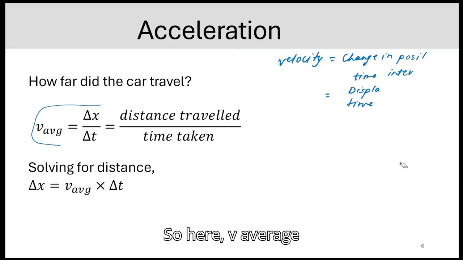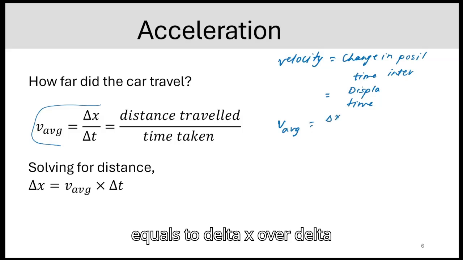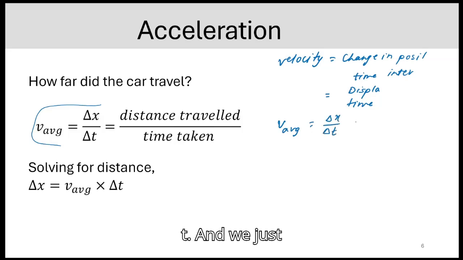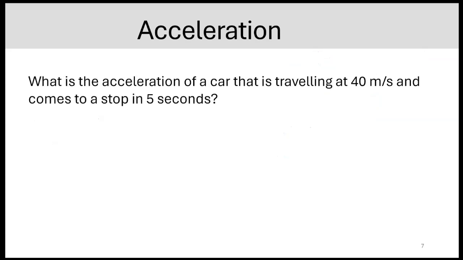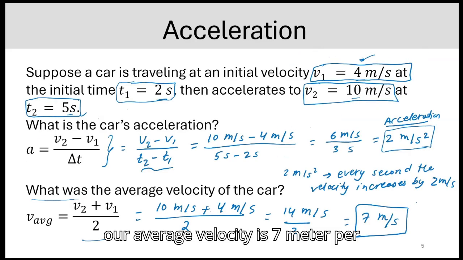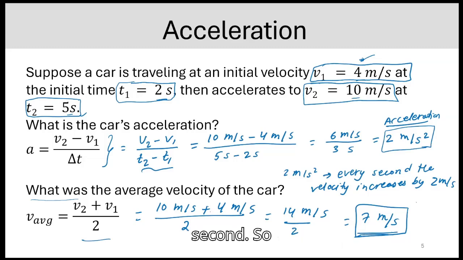So here V average is equals to delta x over delta t, and we just calculated from the previous section our average velocity is 7 meter per second.